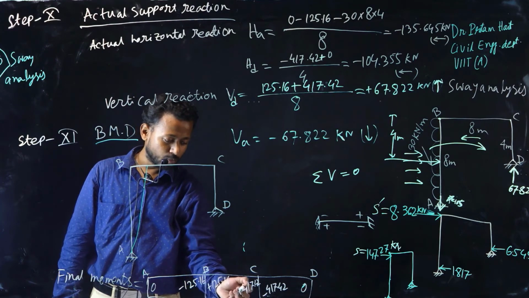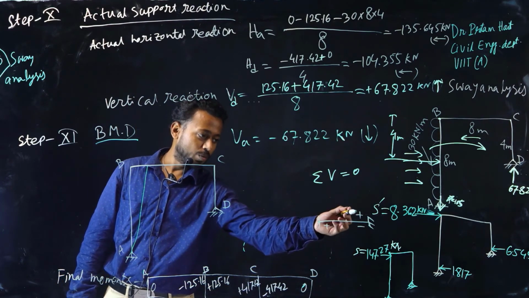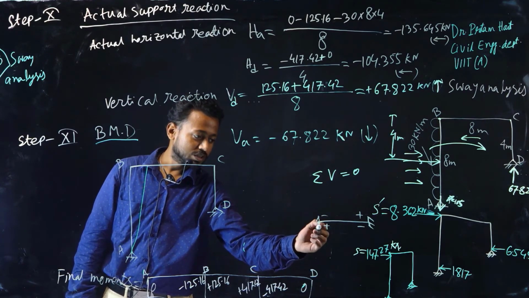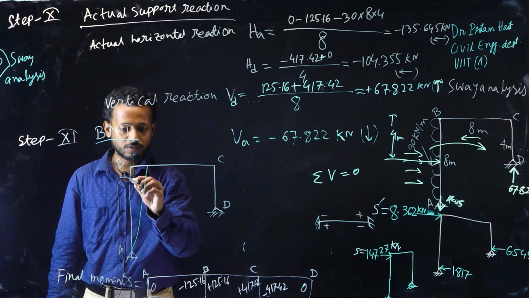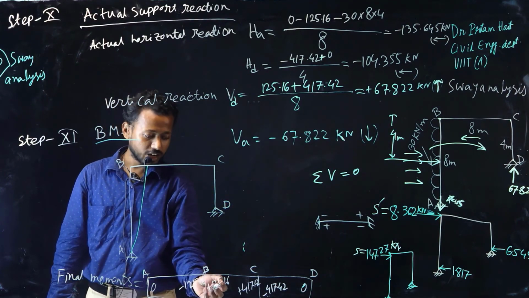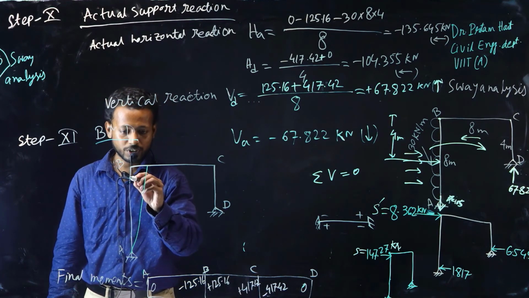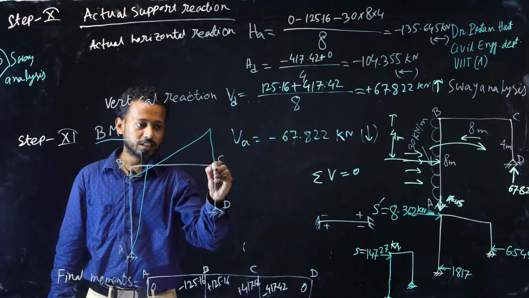Then positive, positive, that means from bottom to top. I will start from the bottom and go to the top, and the value is 125 and this is above 400, so it will be like this.